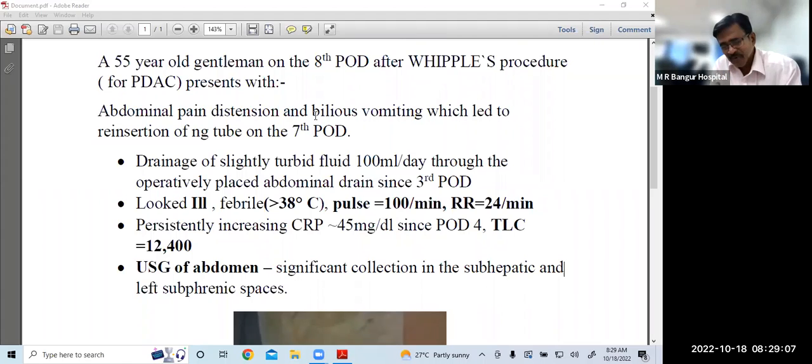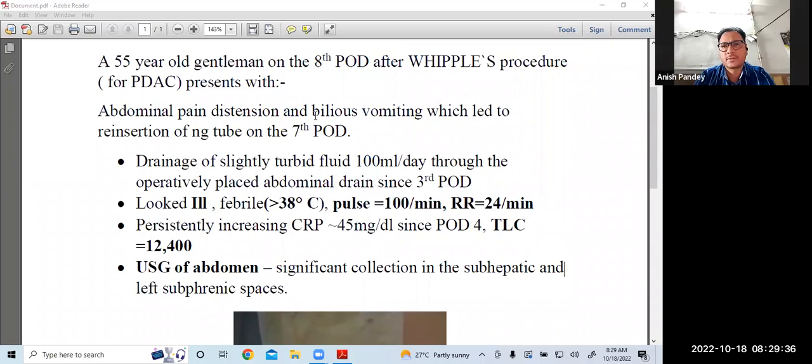There is a system called fistula risk scoring system, which takes into account the condition of the gland, whether it is firm or soft. Then there are other markers like pancreatic duct diameter and intraoperative blood loss.